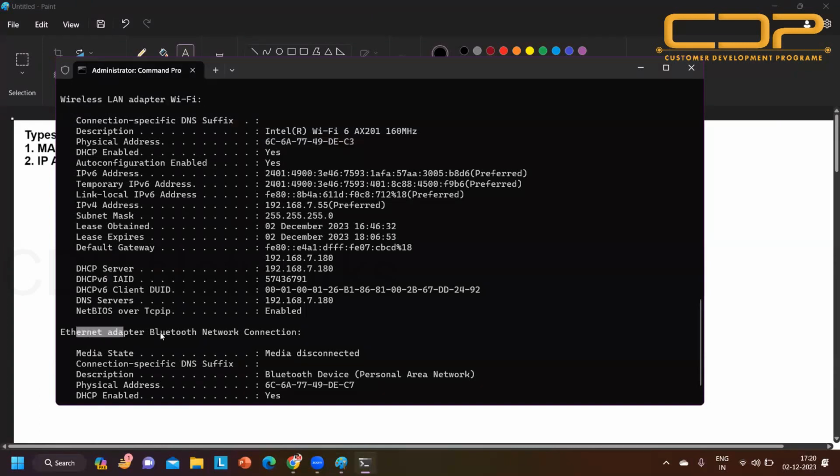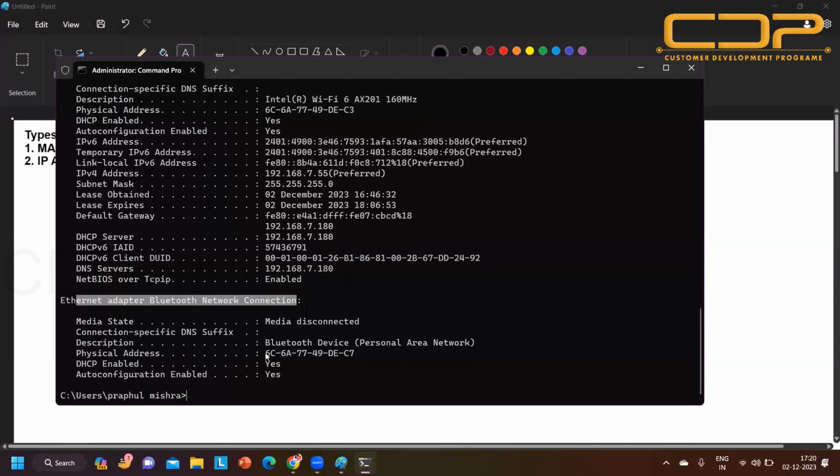On my Ethernet adapter, you can see this is the MAC address. Both are different. On the Ethernet port or Ethernet NIC, there is a different MAC address, and on the wireless NIC, there is a different MAC address.